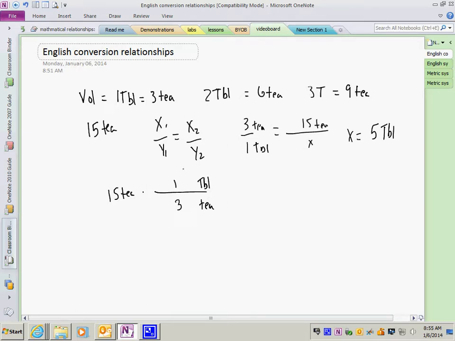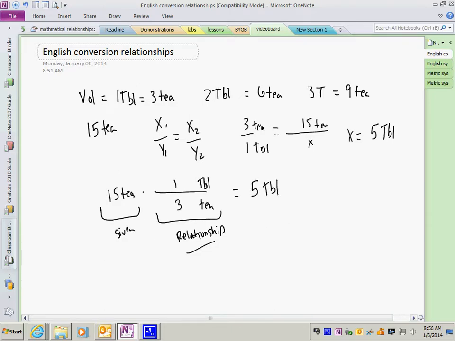This is the relationship. This is what they give us. This allows us to flip from a teaspoon to a tablespoon. It means nothing without our initial amount. 15 times 1 divided by 3 is 5 tablespoons.